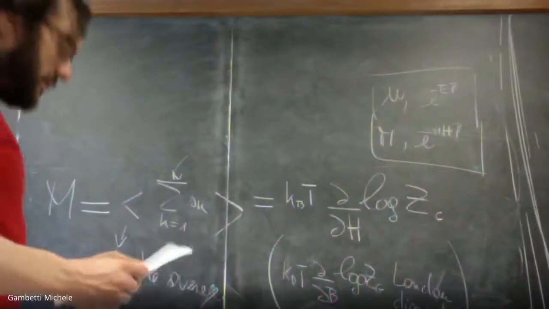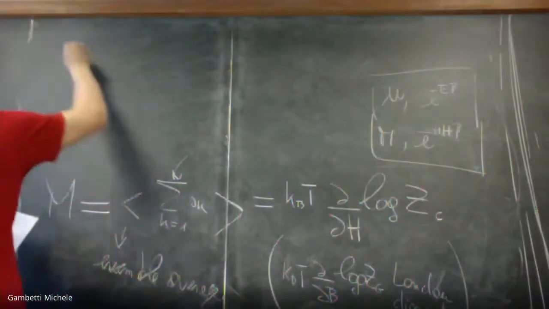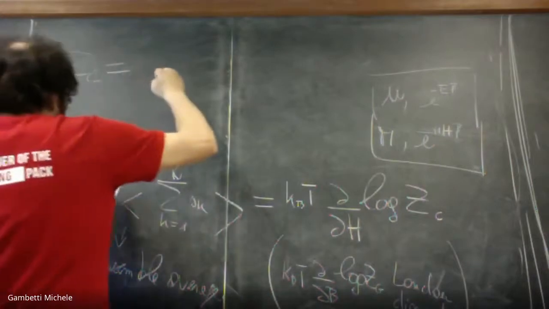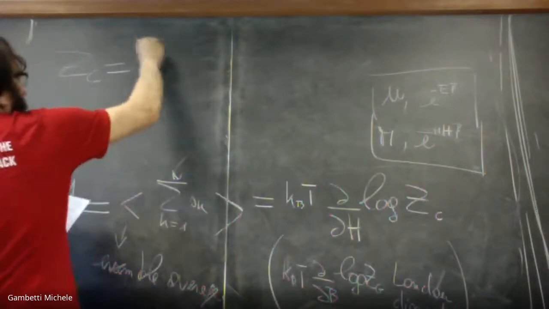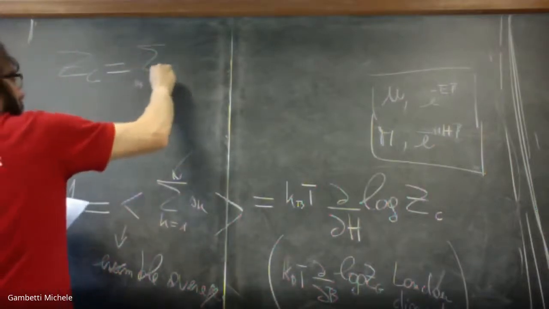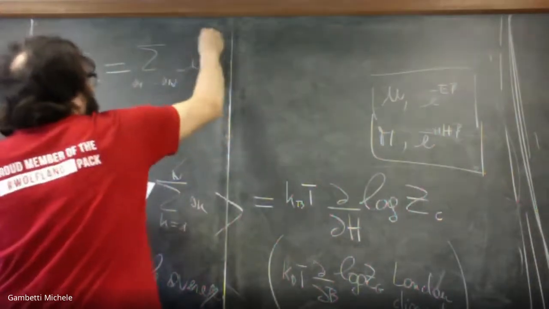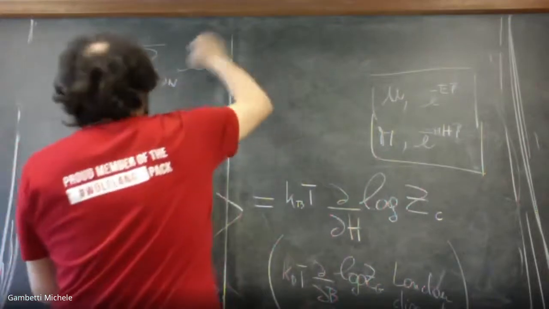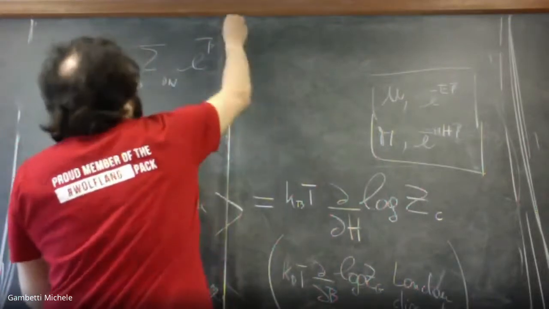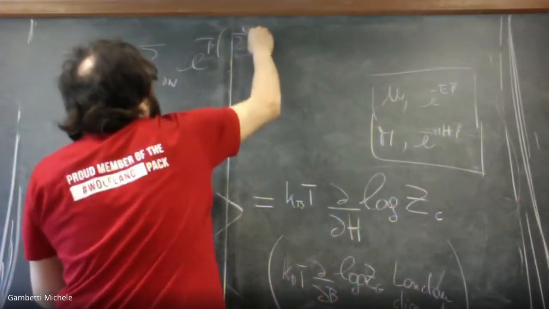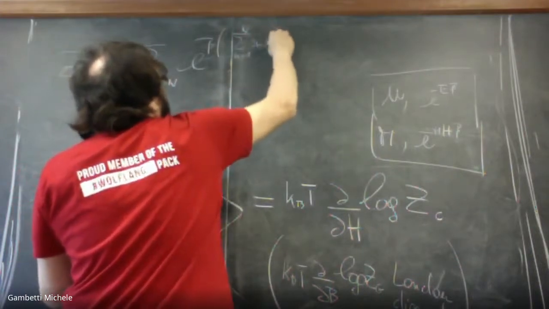And indeed, if you take the Z_C, this was the sum over s_1 to s_n of the exponential of beta, and what do I have here? Here you have the sum from k equals 1 to n of s_k s_(k+1).